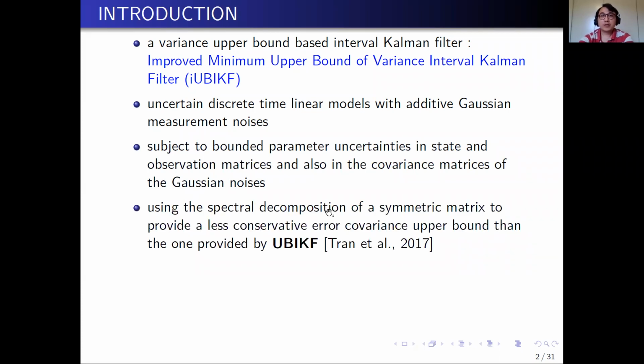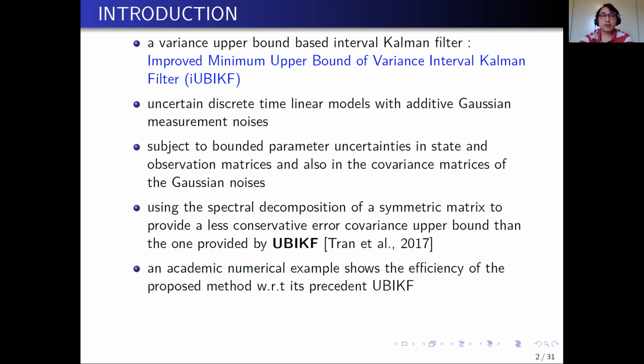The proposed method consists in using the spectral decomposition of a symmetric matrix to provide a less conservative error covariance upper bound than the one provided by the UBIKF proposed in Tran et al. 2017.